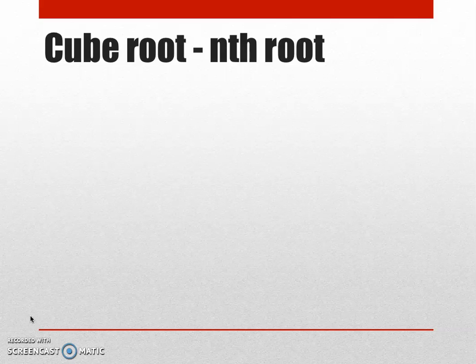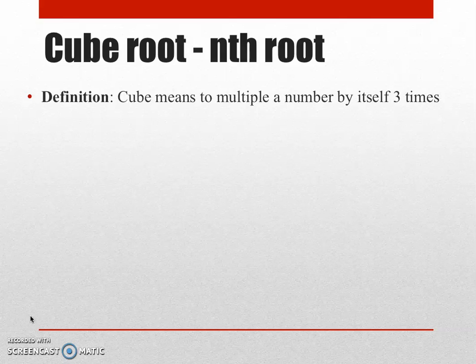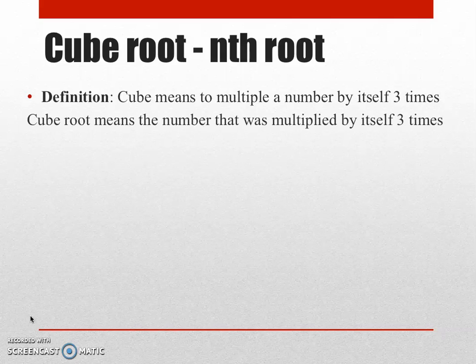Now let's look at cube root and nth root. So cube root, again, is similar to square root. When a number is multiplied by itself 3 times, we call it a cube. So the cube root of a number is the number that was multiplied by itself 3 times. 5 cubed gives us 5 times 5 times 5, that's 125.